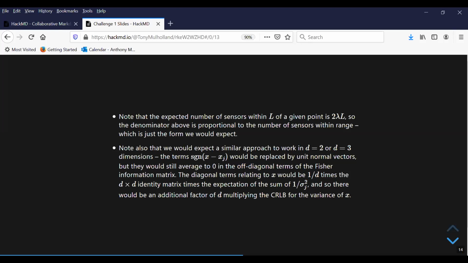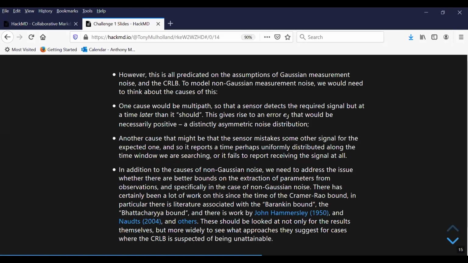That shows we can at least make a start on this question, but what are the caveats? Next slide, please. So the caveats are many and various, and this is just a start on some of them. You'll see it's predicated on assuming Gaussian noise and calculating a Cramer-Rao lower bound. Neither of these are very good assumptions.